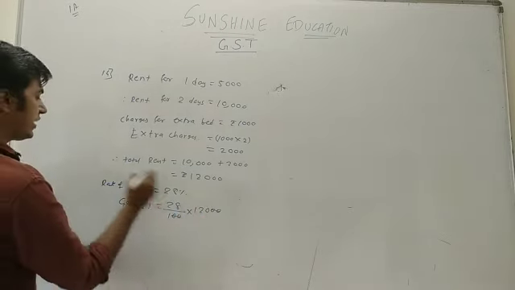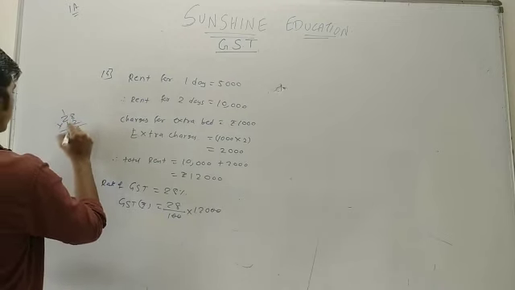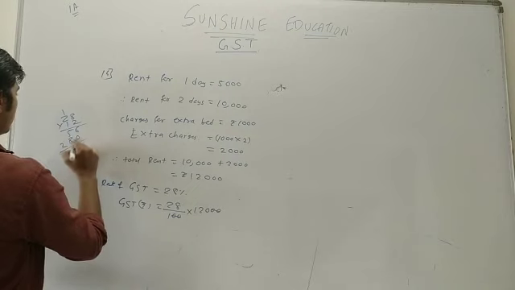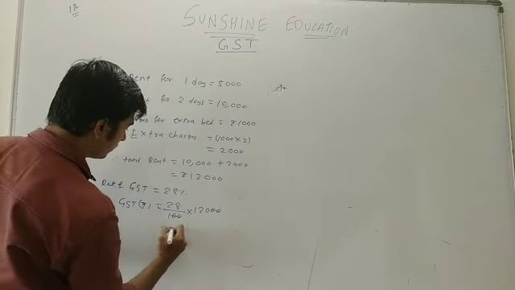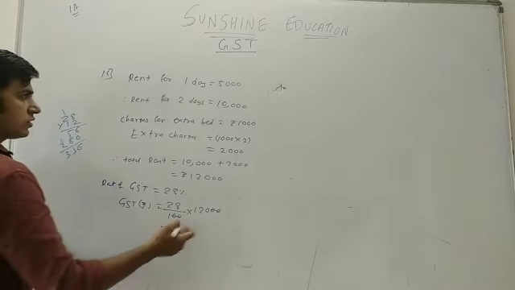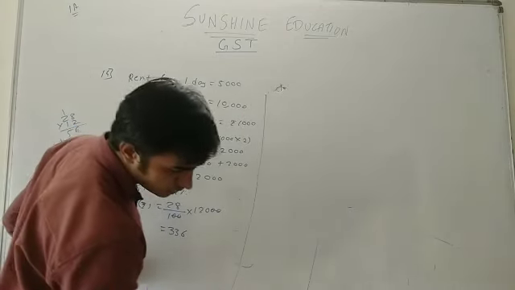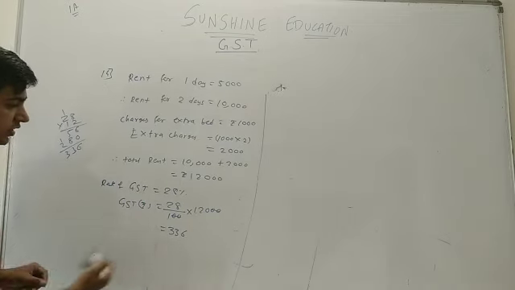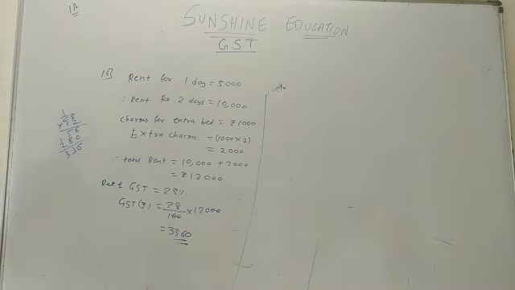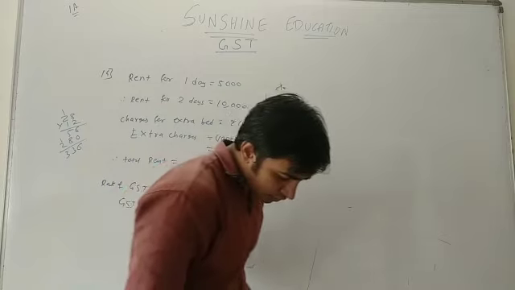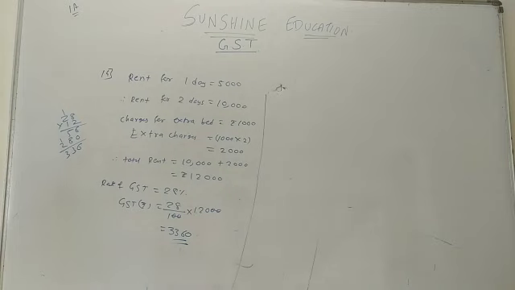The zeros cancel. 28 times 12 gives 336, so the GST charged by the hotel to Mr. Malik is 3,360, for both the days. That's the end of question 14.